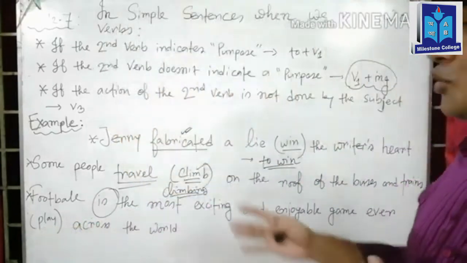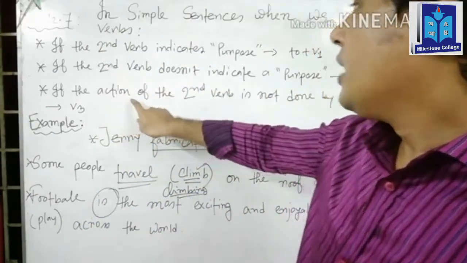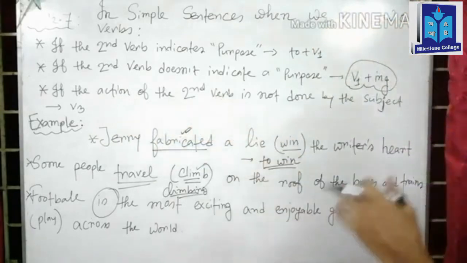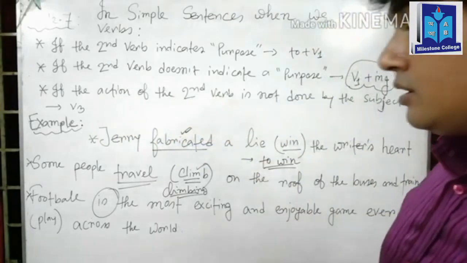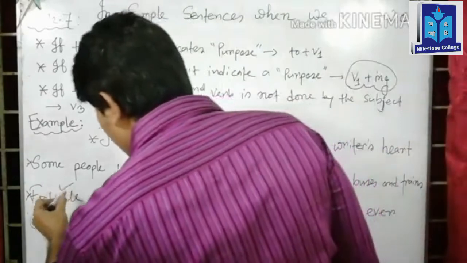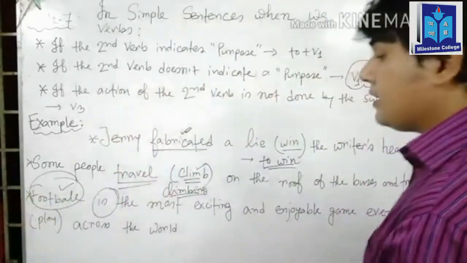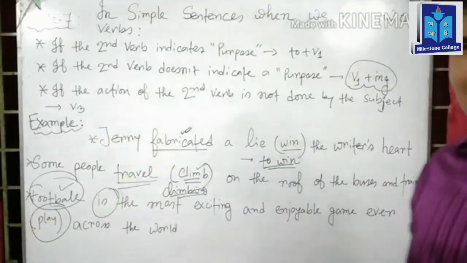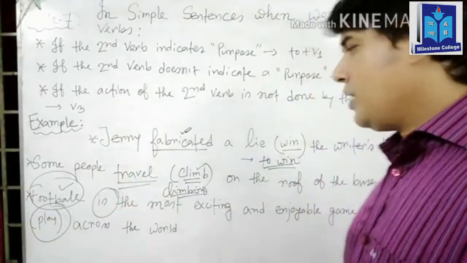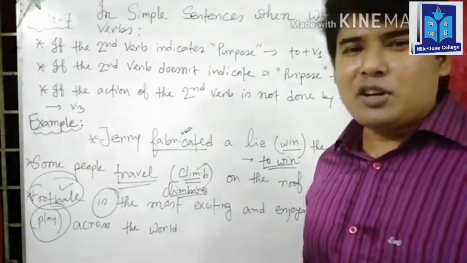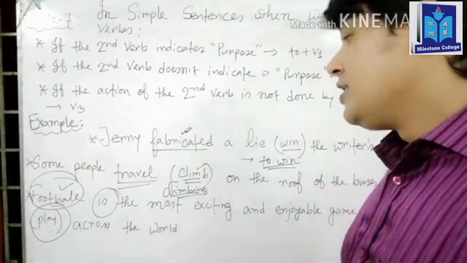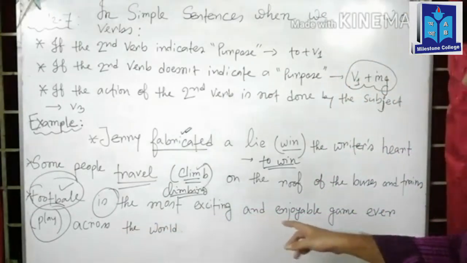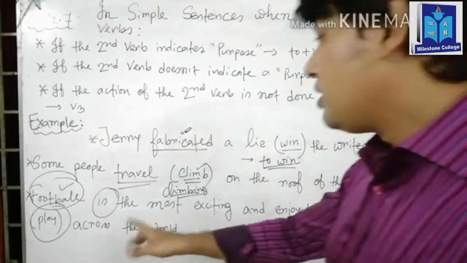If the action of the second verb is not done by the subject, and the subject is football, and the second verb is play, actually football can't play, so far as I know. Football is played by Messi, Ronaldo, such kinds of players. So football is the most exciting and enjoyable game ever played.